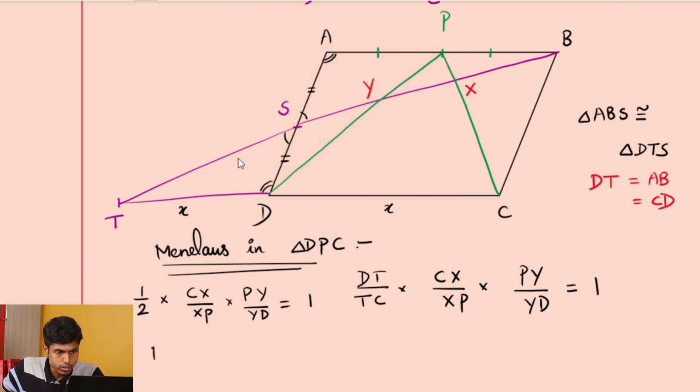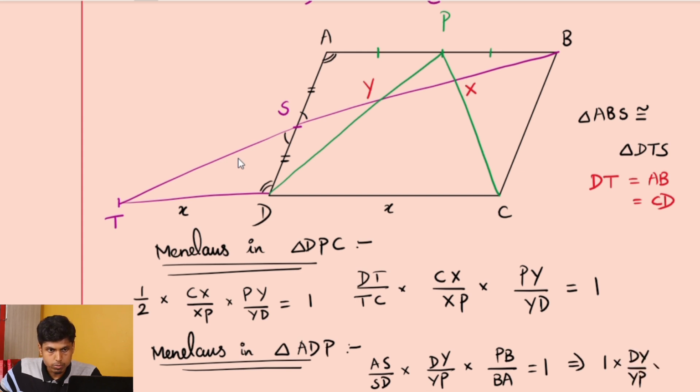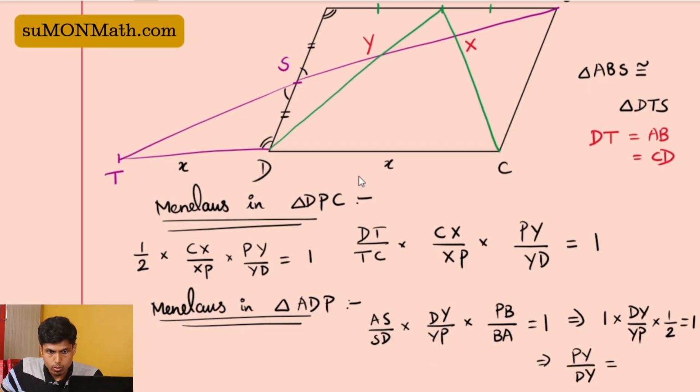Menelaus in triangle ADP would give us AS by SD times BY by YP times PB by BA equals 1, and AS equals SD, so it's 1 times DY by YP times PB equals AP, and therefore PB by BA will be 1 upon 2 equals 1. So, from here we derive that PY by DY equals 1 by 2.